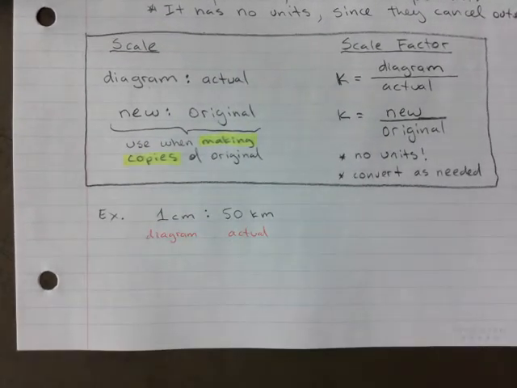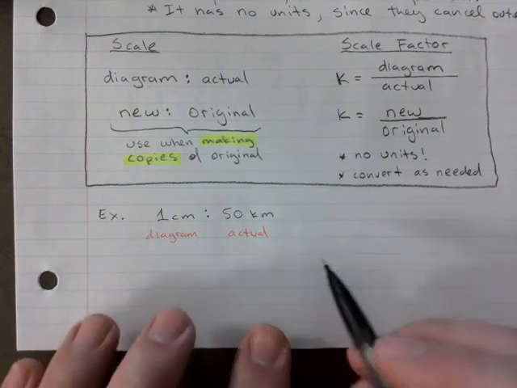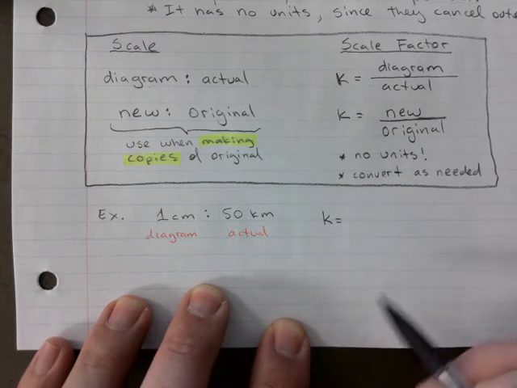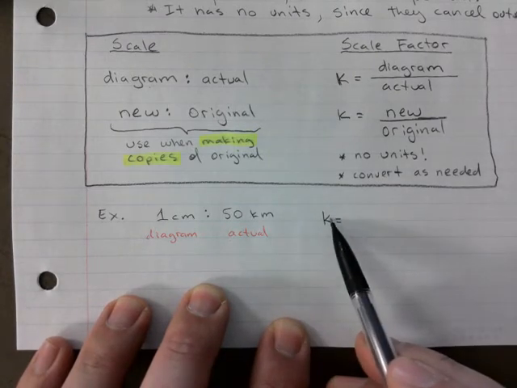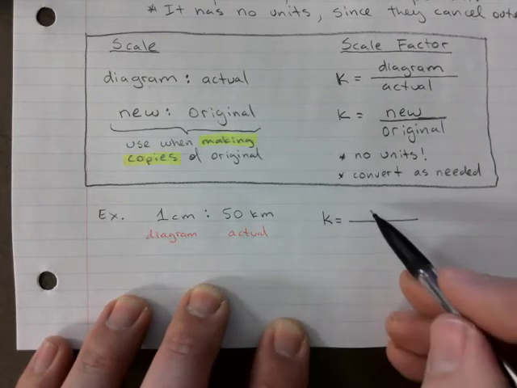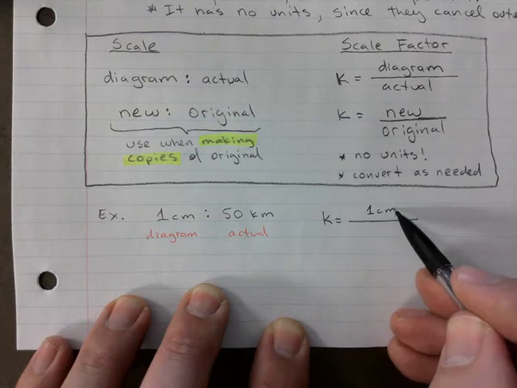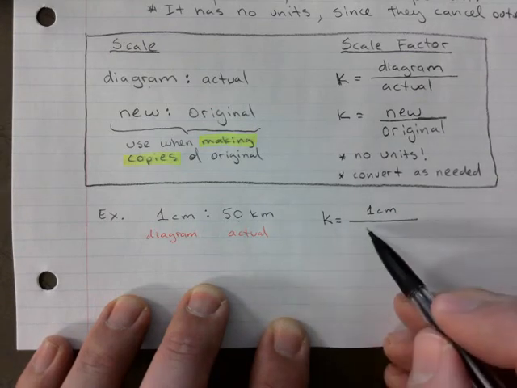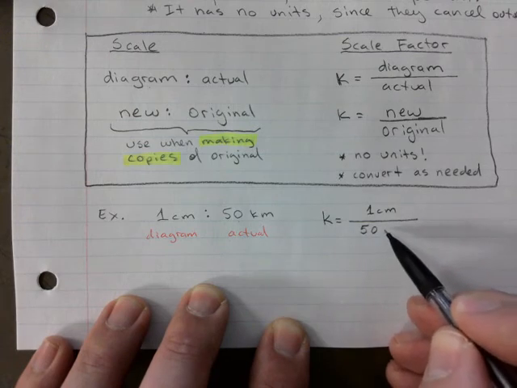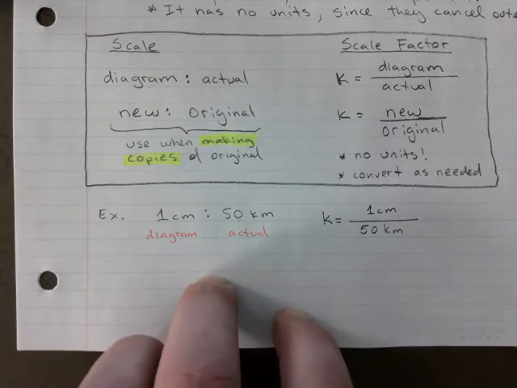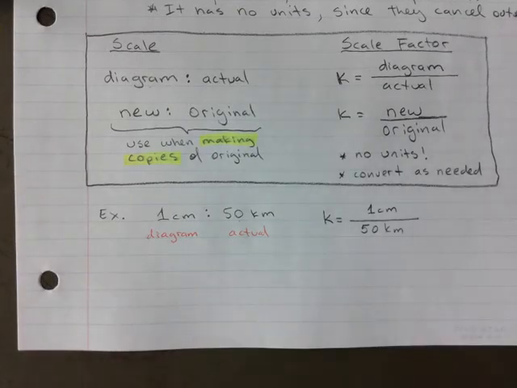No problem. Scale can have different units. But if you wanted to write this as a scale factor, to convert this into a scale factor, the first number always goes on top, and the second number always goes in the denominator. But what's wrong with this?